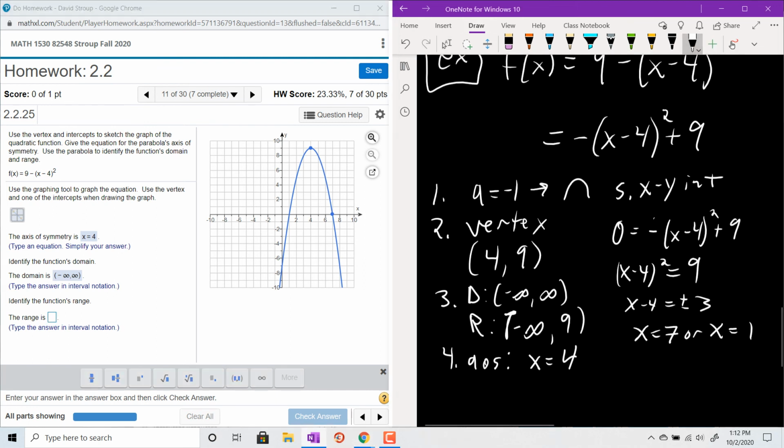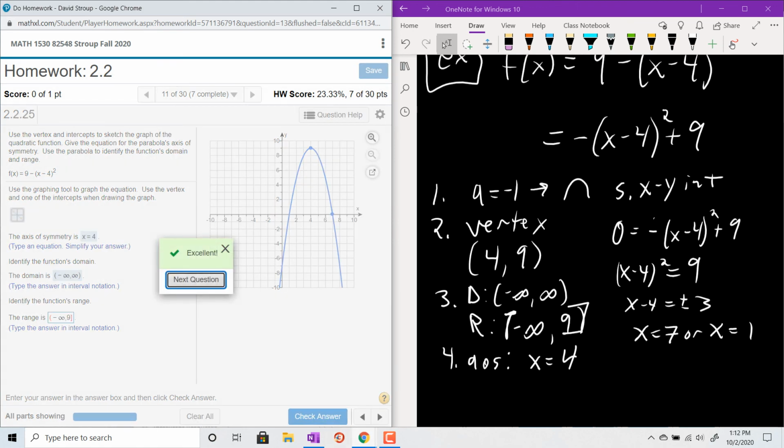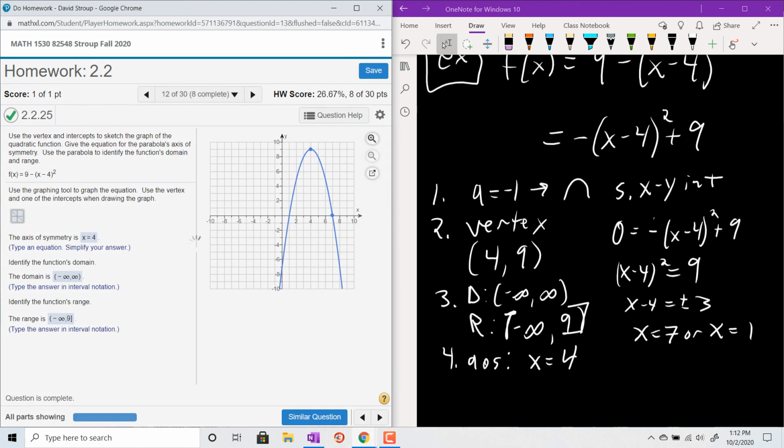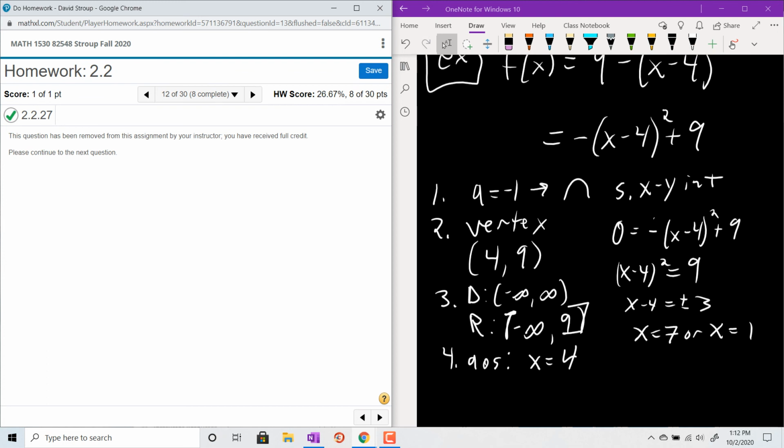It should be a closed bracket on 9 in my notes over here. So open parentheses, negative infinity to 9 bracket. Whoops, wrong kind of bracket. There we go. Anything else? Nope. Okay, that's all we need for that. So we'll move on.